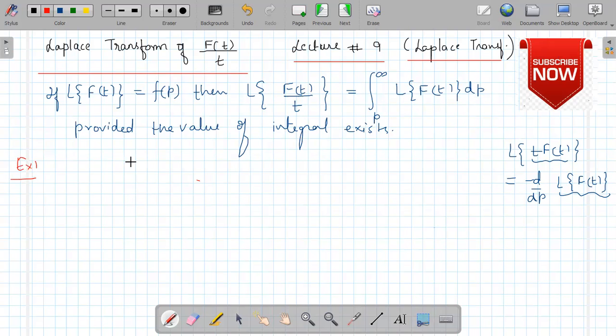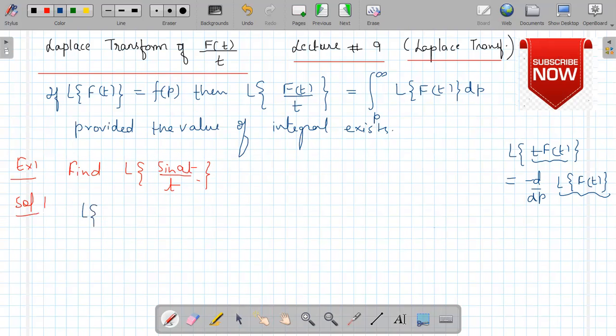Let us take one example. Find Laplace transform of sin at divided by t. So here f(t) is sin at, and sin at is divided by t.